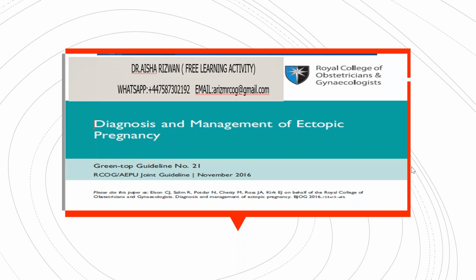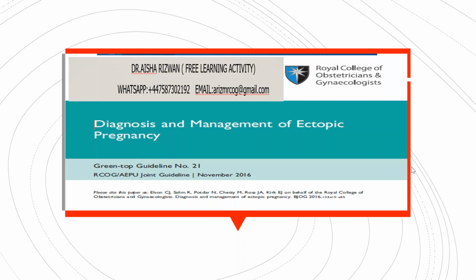Obviously the success rate depends upon the level of serum beta hCG. Success rate will be very high if the serum beta hCG levels are low, and low if the levels are high.